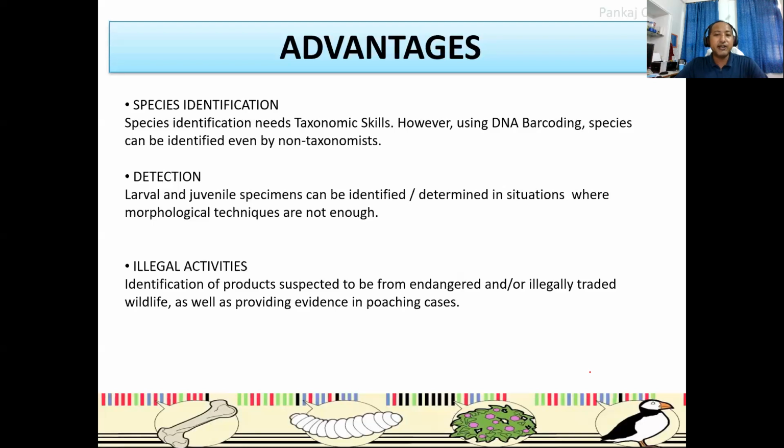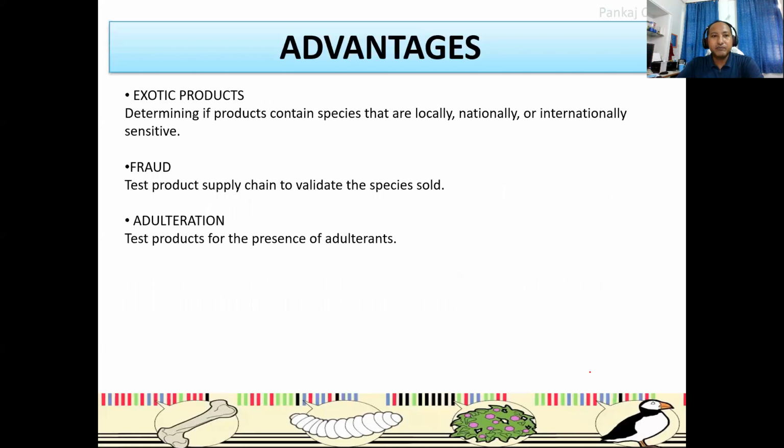Otherwise it becomes difficult, because after cutting a tree into timbers, it is hard to identify that particular plant species. So we can extract DNA from the timber and identify it easily, to check illegal activities. Then exotic products can be identified. Then frauds and adulterations can be identified easily.